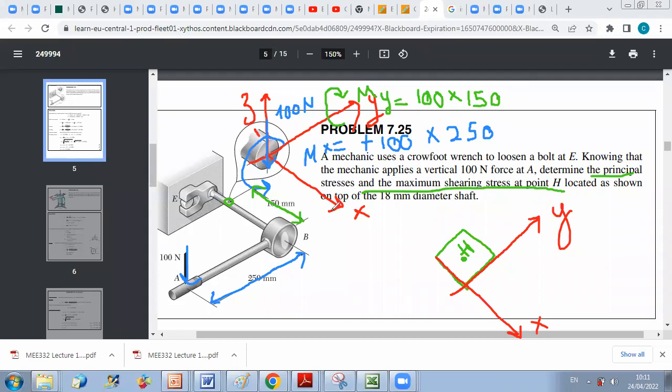Now, to start with, let us find sigma x, sigma y, and tau xy. First, concerning the shear force, we know that the shear force will lead in general to the formation of shear stresses.